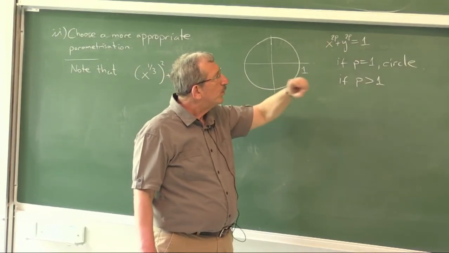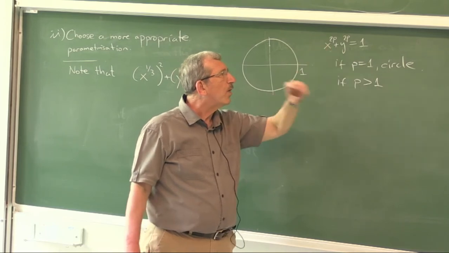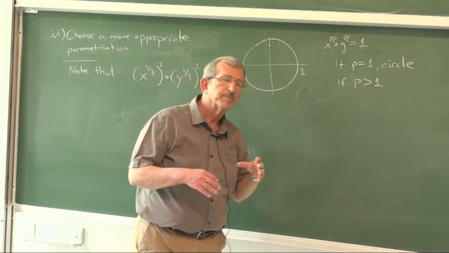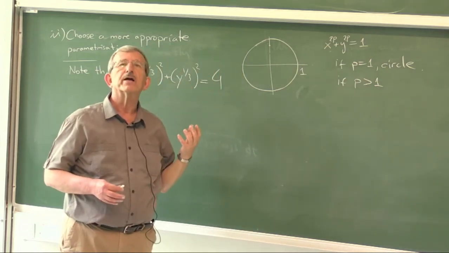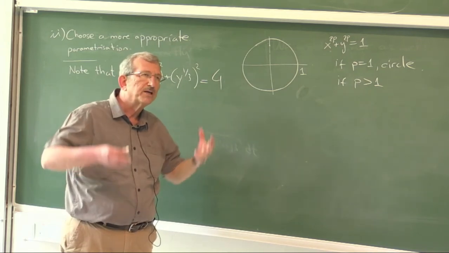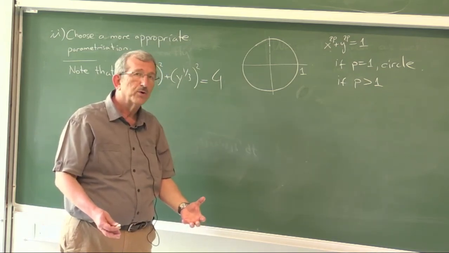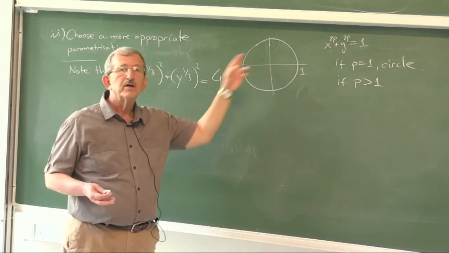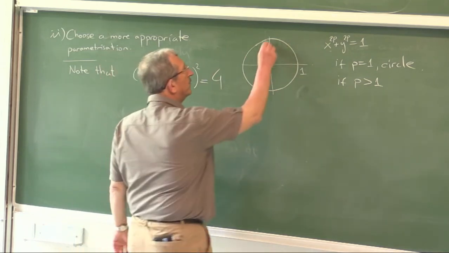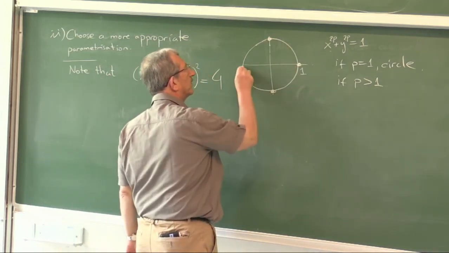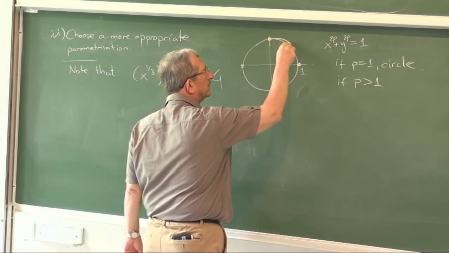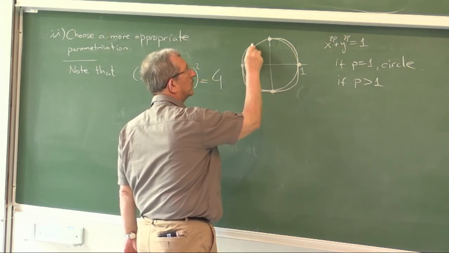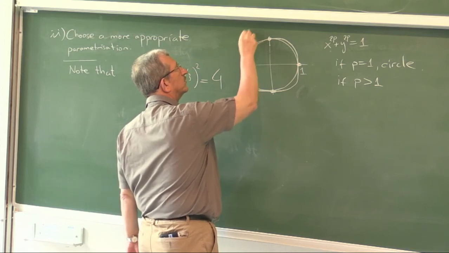If p is 1, you just square x's and y's, and it gives you 1. If p is greater than 1, you are squaring larger powers of x and y. Because they are less than 1, they get even smaller. So you have to choose your x's and y's from the beginning larger than those on the circle. So, because these 4 points are fixed anyway, you get something like this. This is when p is greater than 1.